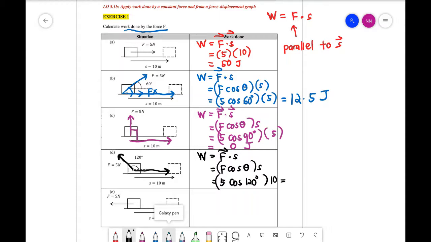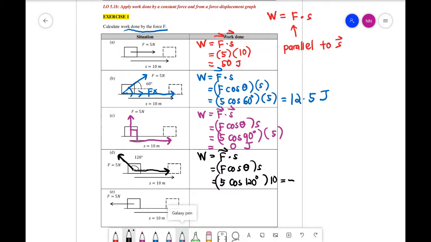So it is negative, 5 cos 120 times 10, which equals negative 25 joule.